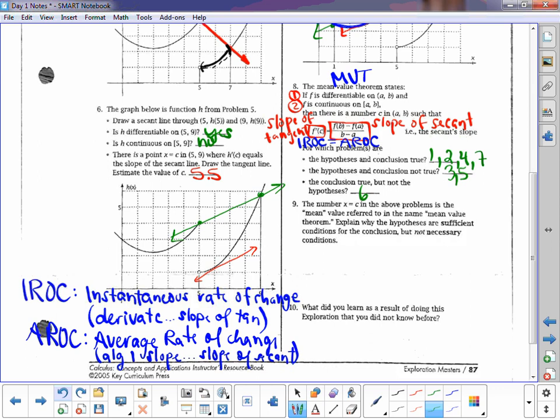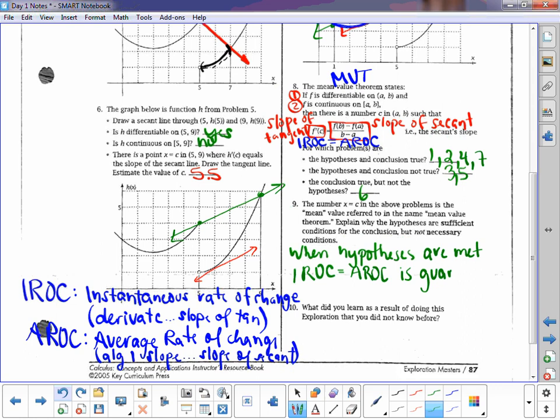Okay? So when those hypotheses, differentiable and continuous, have been met, then IROC equal to AROC is guaranteed.